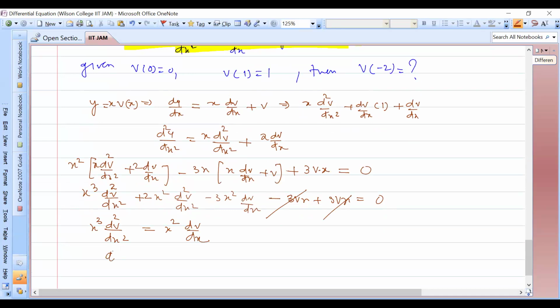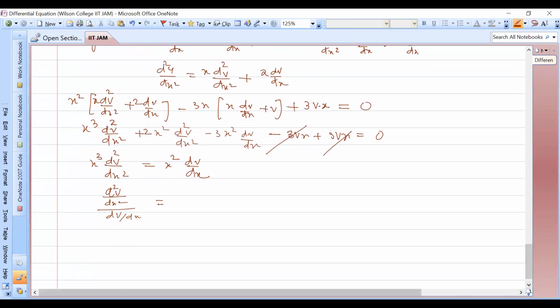So it can be written as d2v upon dx2 over dv upon dx equals how much? 1 by x. Or again, if you integrate it, what we get is log of dv upon dx equals log of x plus log of c1.